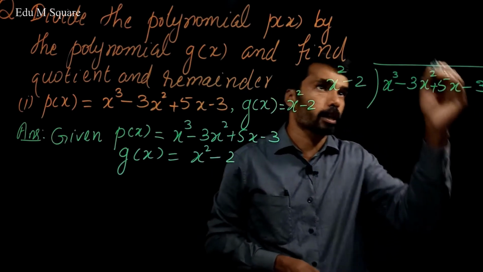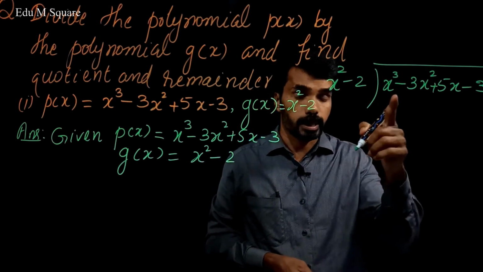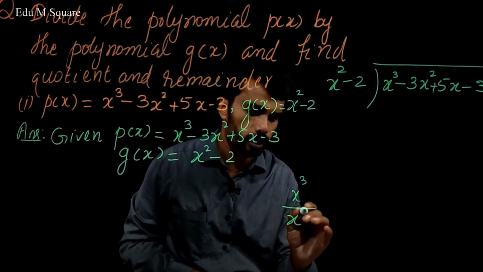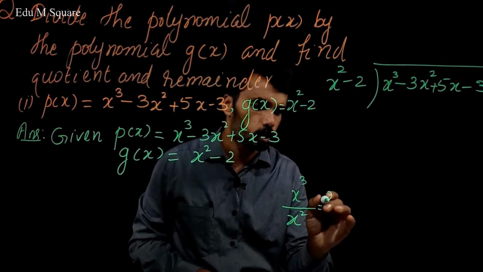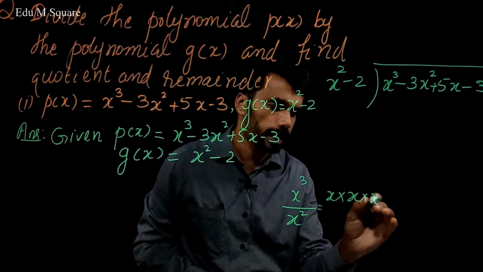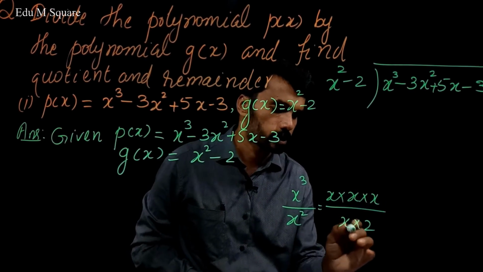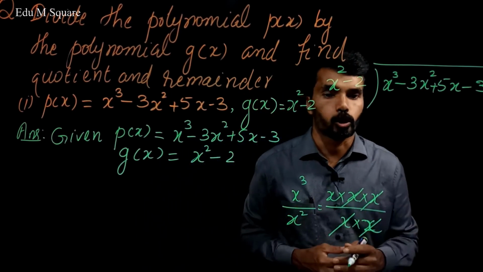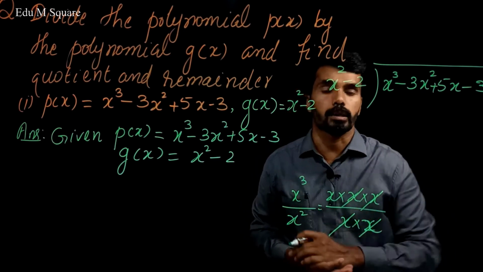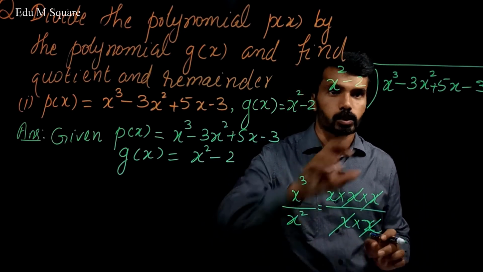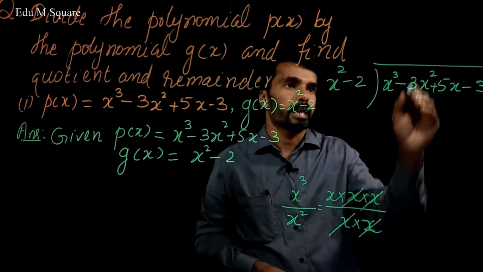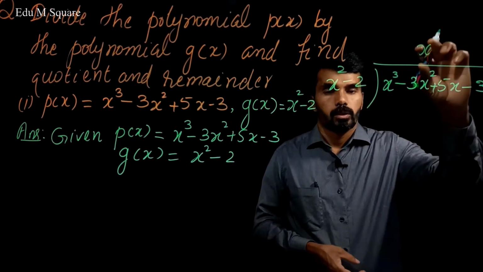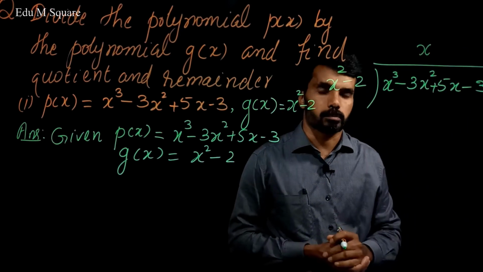What is x cube divided by x square? x cube divided by x square is x into x into x divided by x into x. Two times x cancel from both numerator and denominator. What remains? Only x. So x cube divided by x square is x. We write x in the quotient, so x is the first term in the quotient.